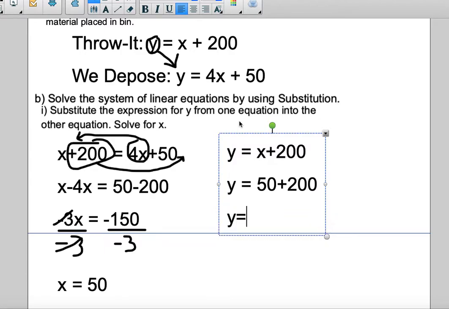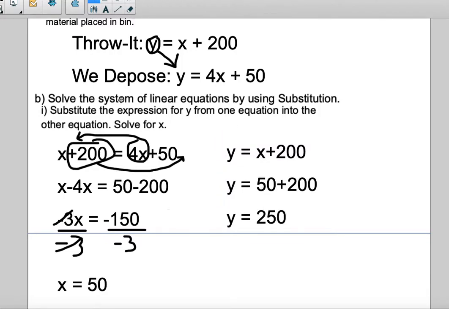Y is equal to 250. So when we start our therefore statement, we get our therefore point of intersection, which is x and y coordinates.